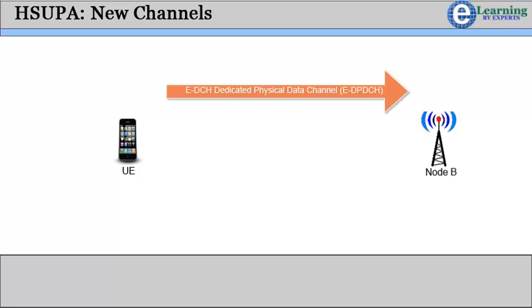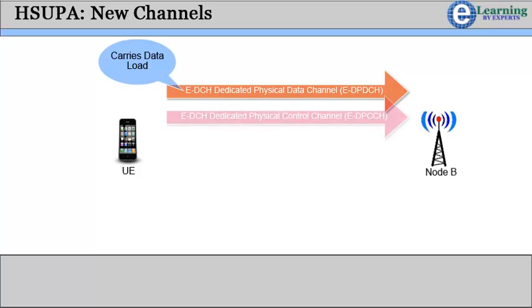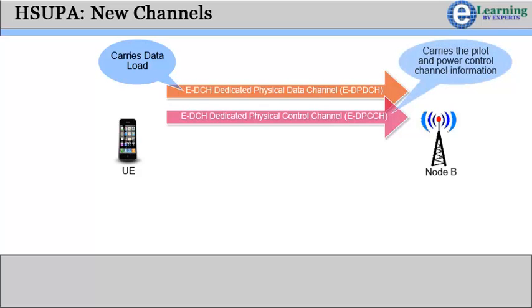EDCH Dedicated Physical Data Channel, or EDPDCH, carries the data load. 2. EDCH Dedicated Physical Control Channel, or EDPCCH, carries the pilot and power control channel information. The EDPCCH carries control information associated to the EDPDCH.